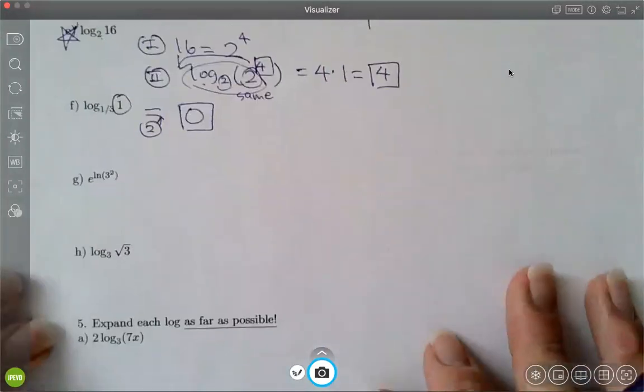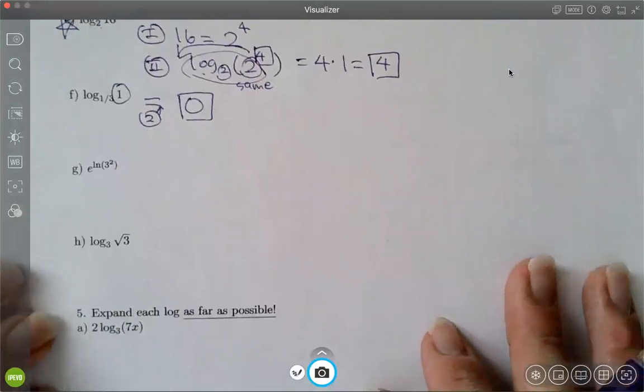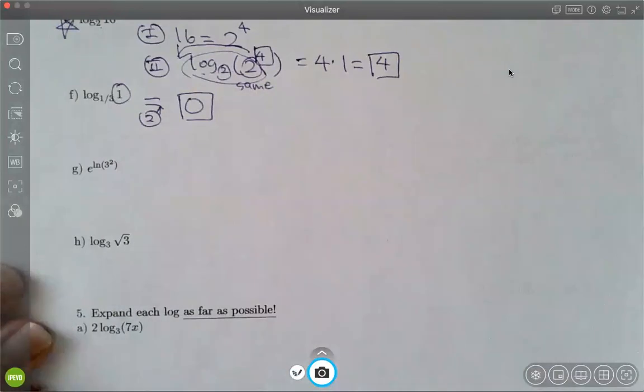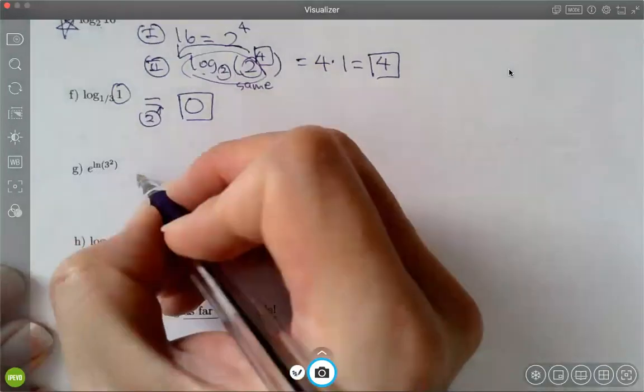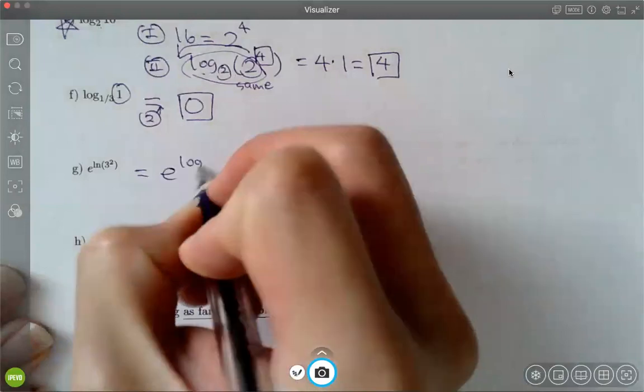And now, e to the ln, and be careful, it's not 32, it's 3 squared. So first, what do we do? Here ln, remember, means base e log.